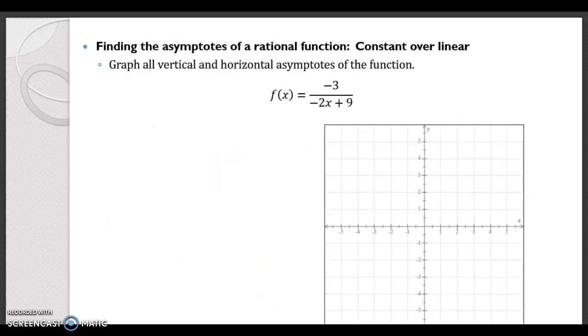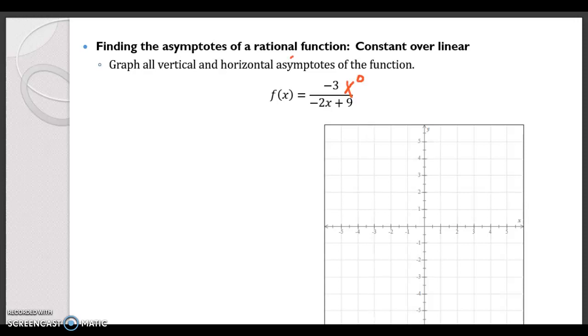So here's our problem. What is the degree of the numerator? Well, this is x to the 0, isn't it?